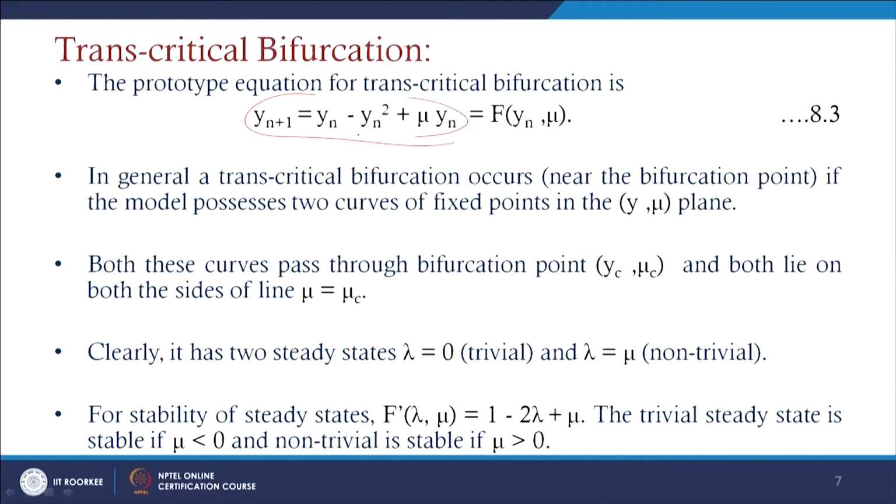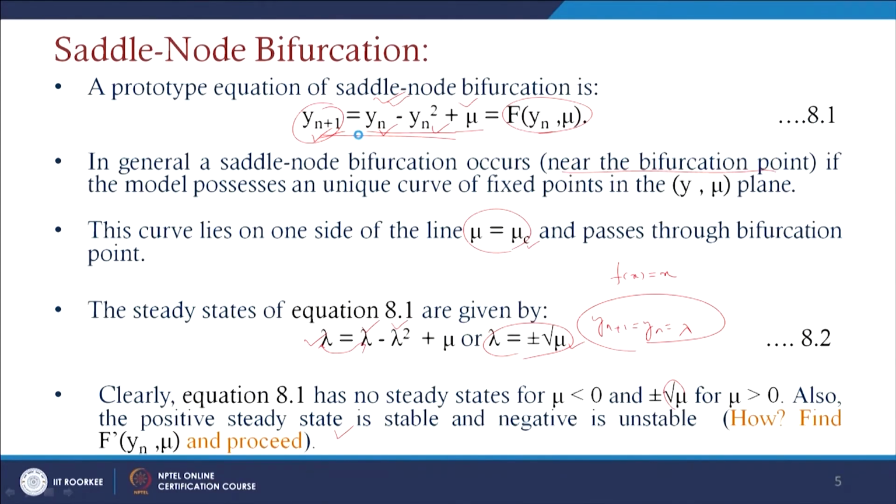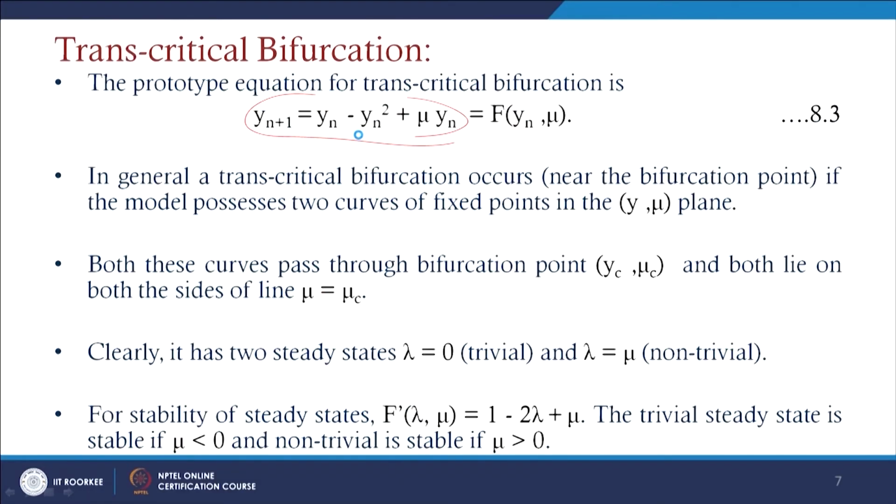From the last equation, we have just multiplied the y n term with the mu term here, which is obviously a function of y n and mu. In general, a transcritical bifurcation occurs near the bifurcation point. Since bifurcation starts at a point, that point is considered for all these bifurcation levels.